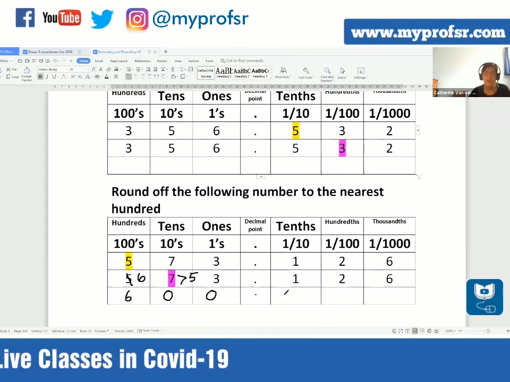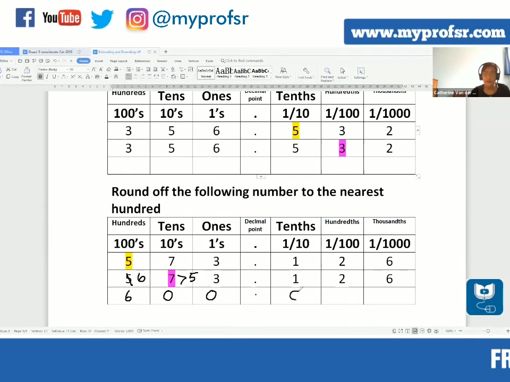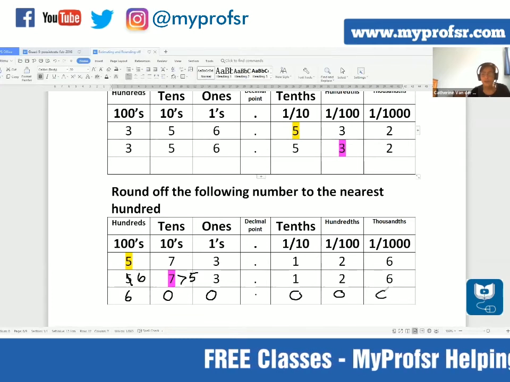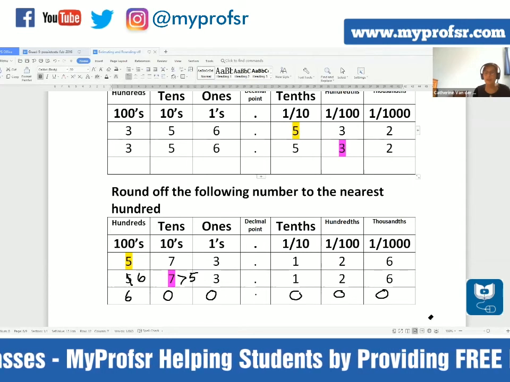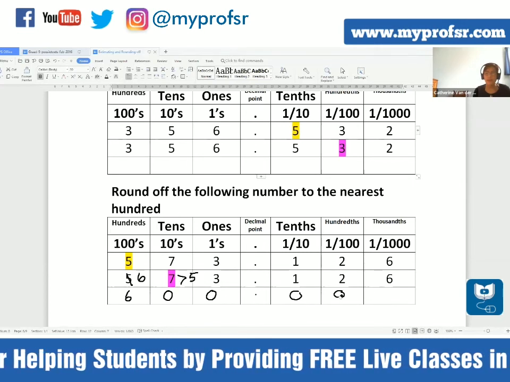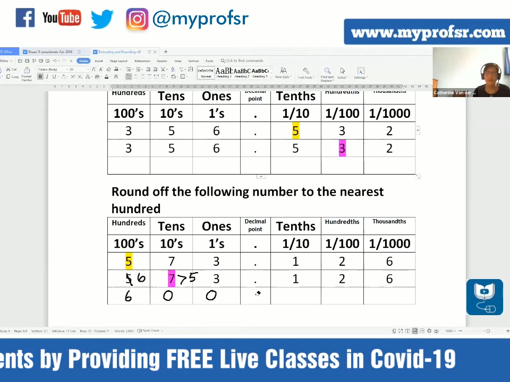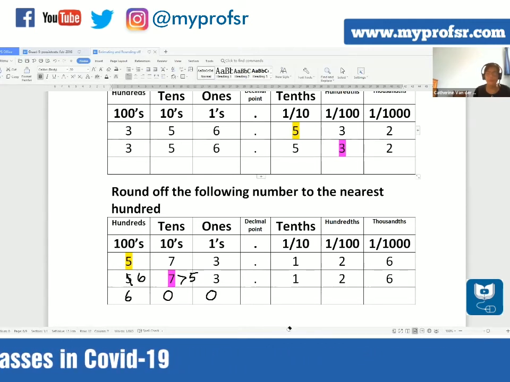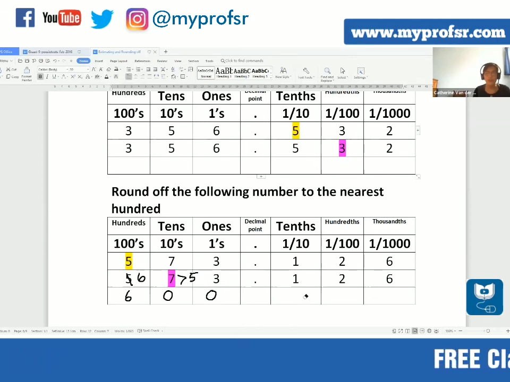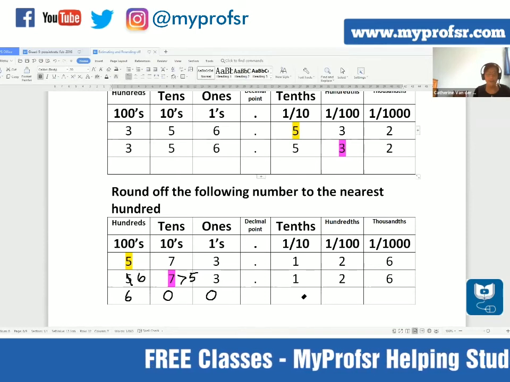And then of course we have the decimal point. And you can either fill in the zeros, or that's not really necessary. In fact, we can actually just write it like this, because there are no numbers after the decimal point. There is no fraction left.